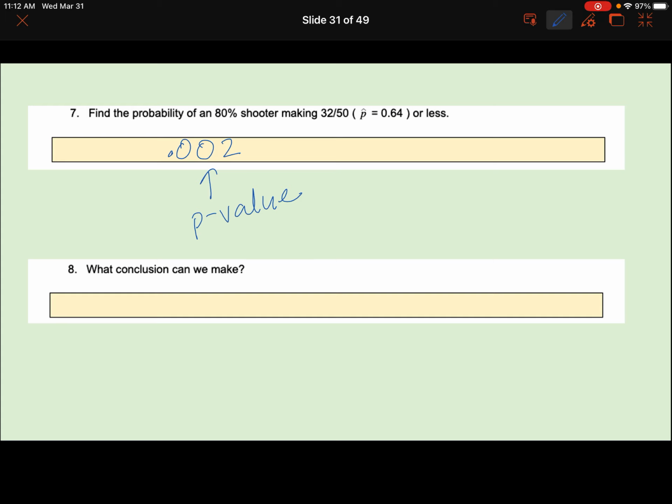For question 8, because 0.002 is less than 0.05, we have convincing evidence that I'm less than an 80% free throw shooter.